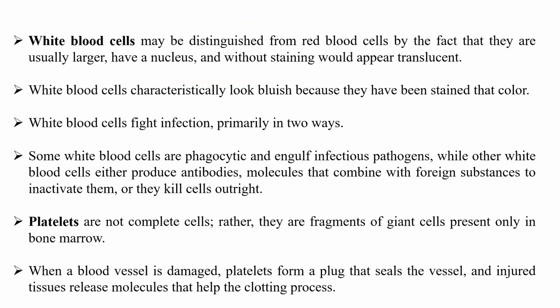The next type of blood cells are the white blood cells, which can be distinguished from the RBCs by the fact that they are usually larger, they have a nucleus, and without staining would appear translucent. If we stain them, they will characteristically look bluish in color. What is the function of white blood cells?